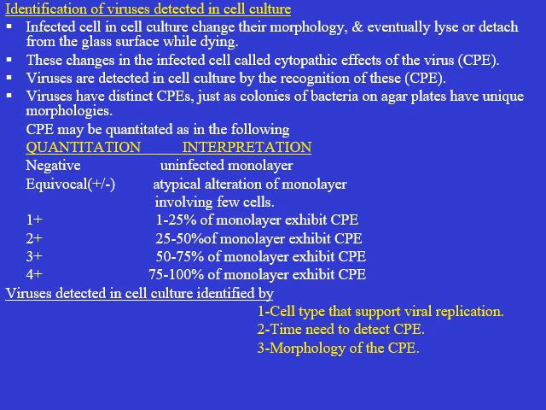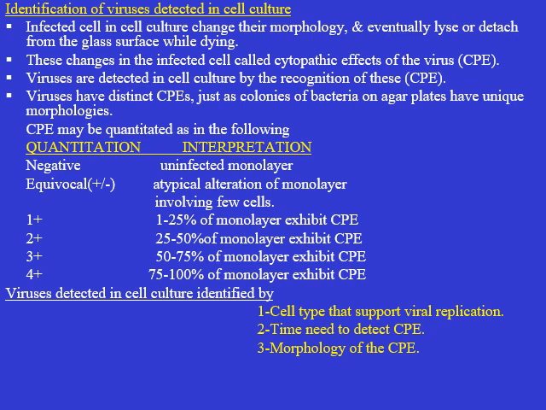Now, the quantitation and the interpretation. If we have no change, no effect on the cells of monolayer, this is negative. If there is atypical change in the morphology involving a few cells in the monolayer, this is equivocal, plus minus. Need to request another sample.